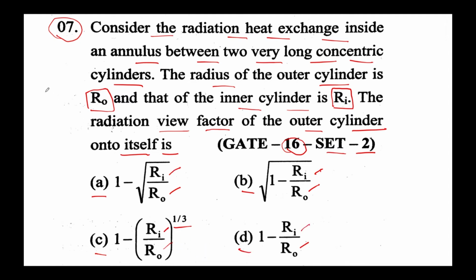Let's first try to convert the given statement into a diagrammatic format, as I usually say. We'll consider two concentric cylinders. Both are of the same length, we can assume, as I said.